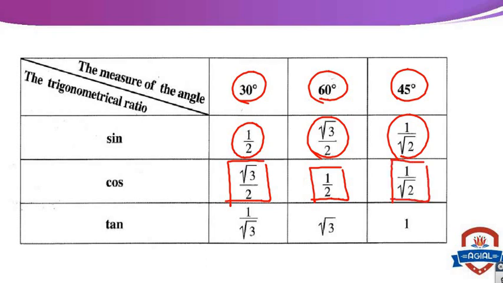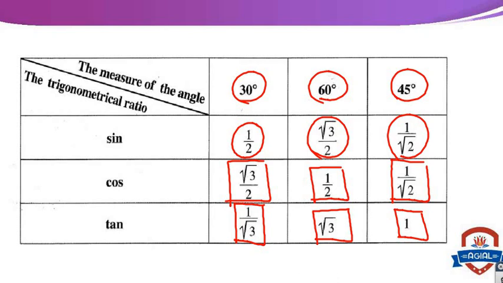Tan 30 equals 1 over square root of 3, tan 60 equals square root of 3, and tan 45 equals 1.